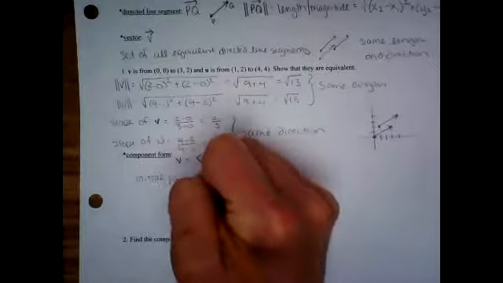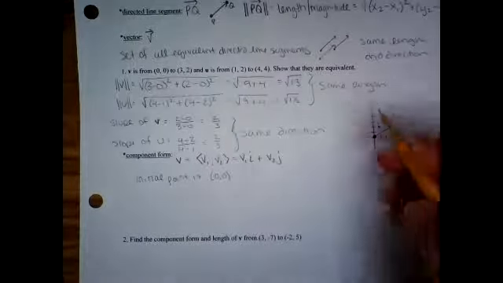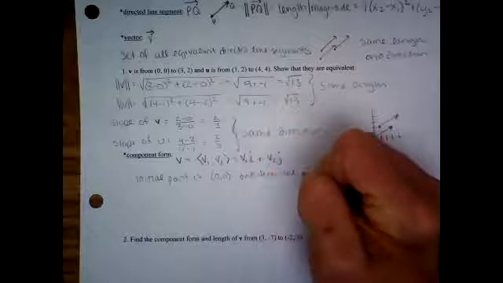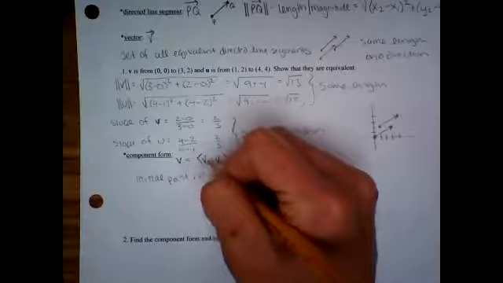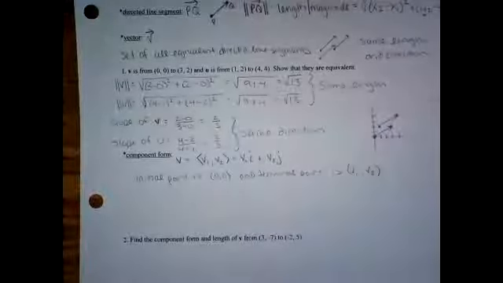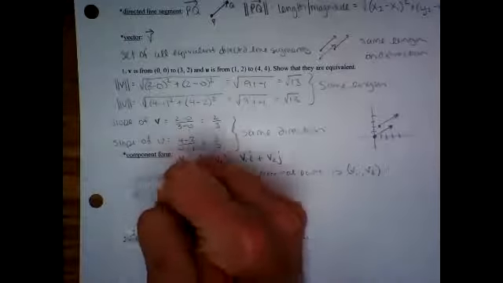So component form means that the initial point is the origin. So it just means that it's going to start at 0, 0. And so the terminal point, which means where it ends, is these two values, V1, comma, V2. So component form just means it starts at the origin.